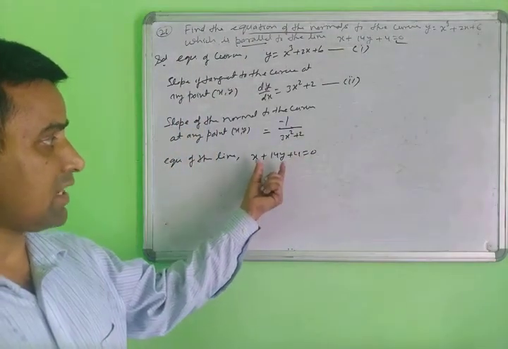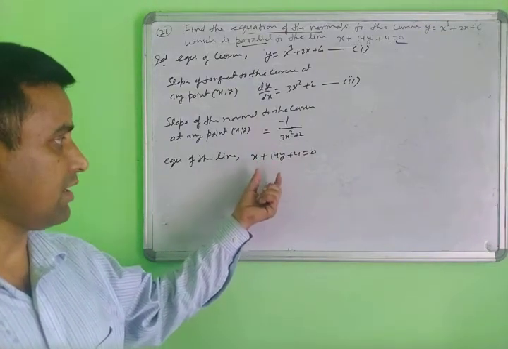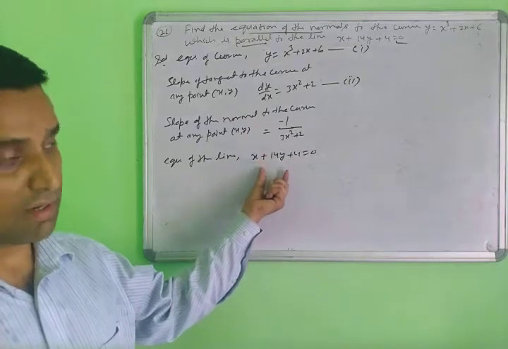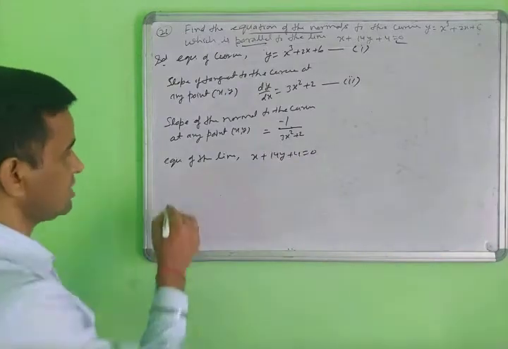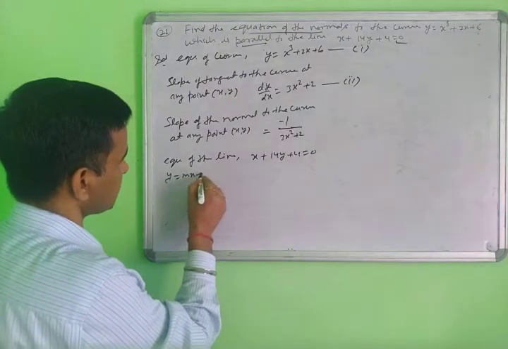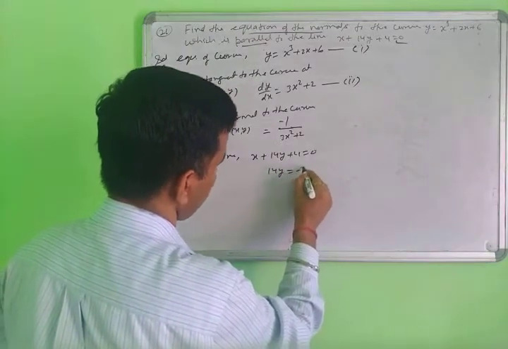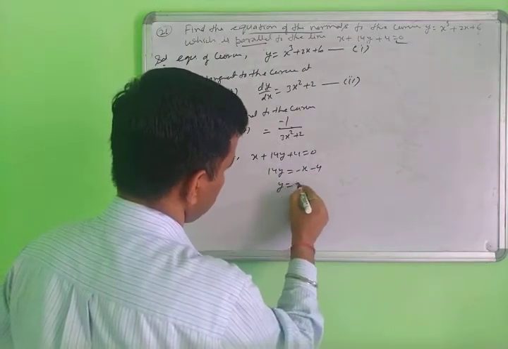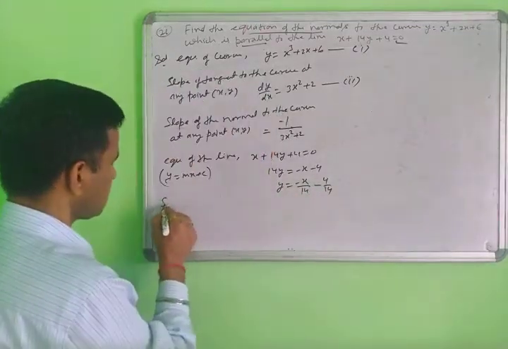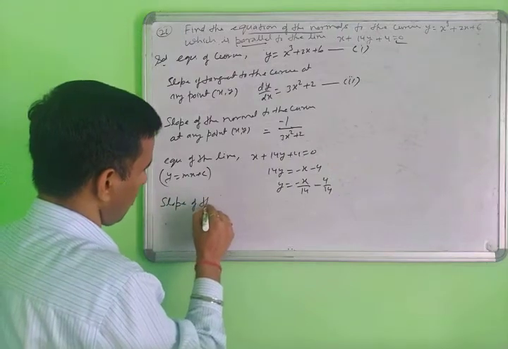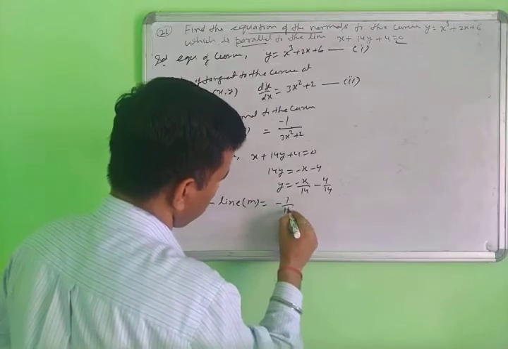Always, when the equation of a line is given, you find the slope of the tangent and slope of the normal by converting it in the form of y equal mx plus c. In this form you will convert here. First, 14y equal minus x minus 4. y equal minus x upon 14 and minus 4 upon 14. So the slope of the line, m equal minus 1 upon 14.